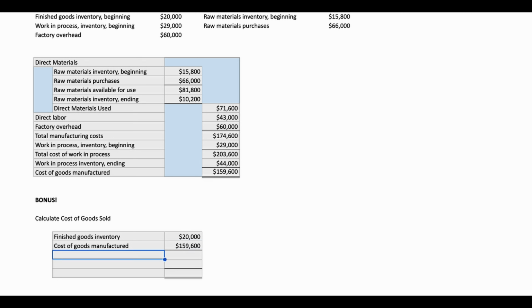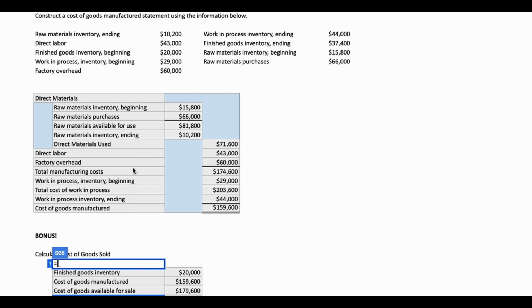We add them together to get our cost of goods available for sale, giving us $179,600.